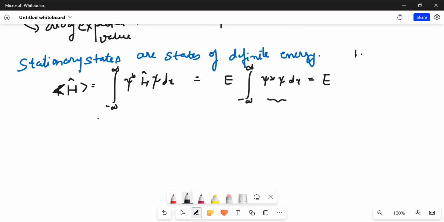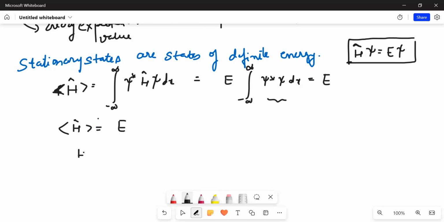So basically, we'll get E. Please do understand that H cap, when it operates on this, is quite evident. So the expectation value of H cap is simply the total energy E. For H cap squared, on psi we get H cap E psi, because E will come out, and H cap psi will again give E. So this is E squared.